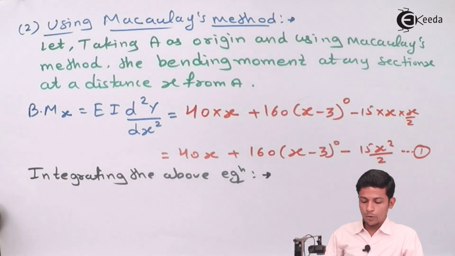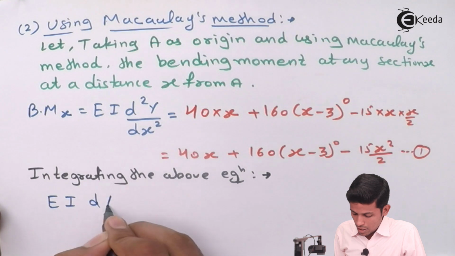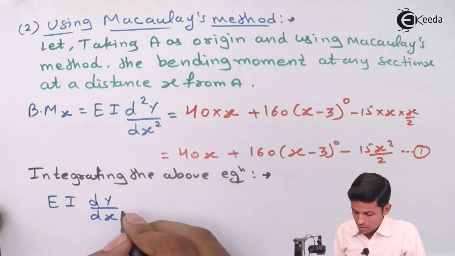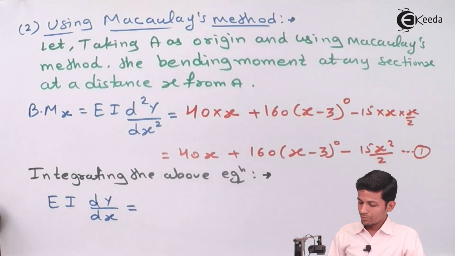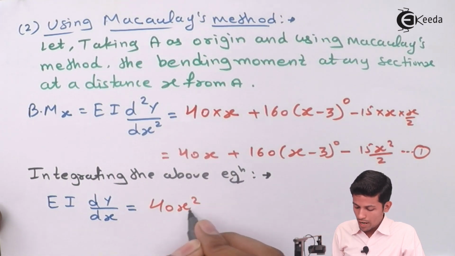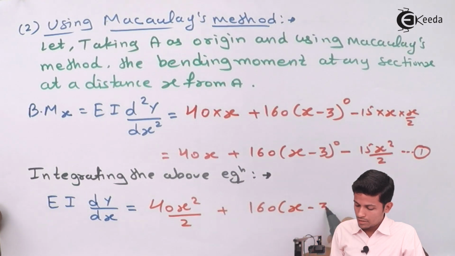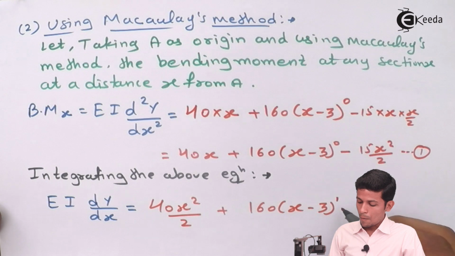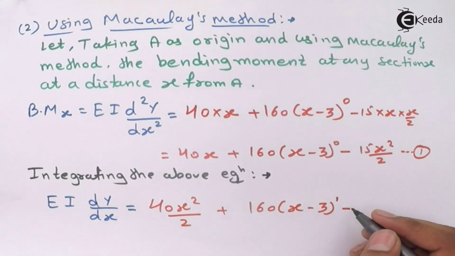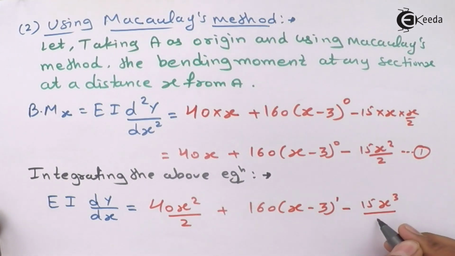While integrating, we get EI dy by dx is equal to 40x square by 2 plus 160 into (x minus 3) raised to 1 minus 15x raised to 3 upon 6 plus C1. This is nothing but equation number 2.